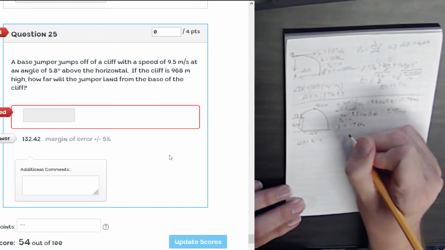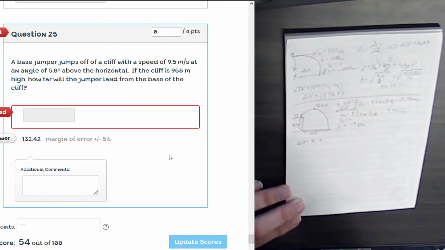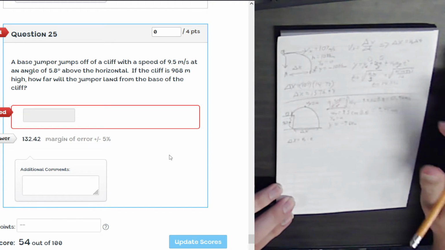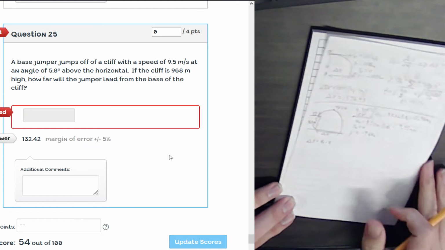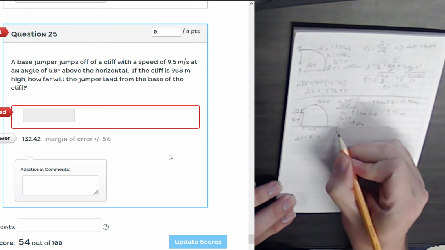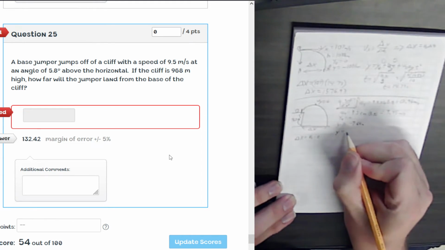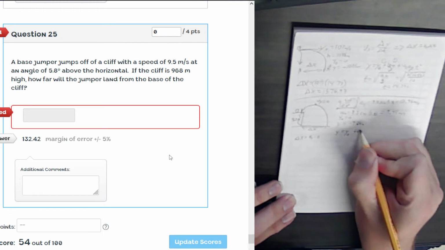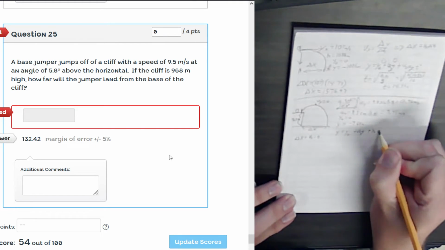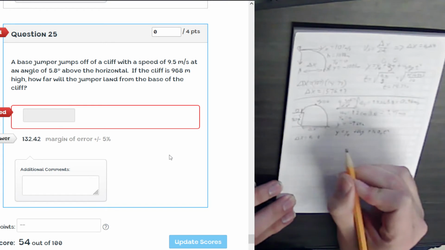So if we're going straight for time here, if we use our second kinematic equation, so this is the last problem, so it's going to be difficult, but if we use our kinematics equation, y equals y naught plus v naught t plus 1/2 ay t squared.